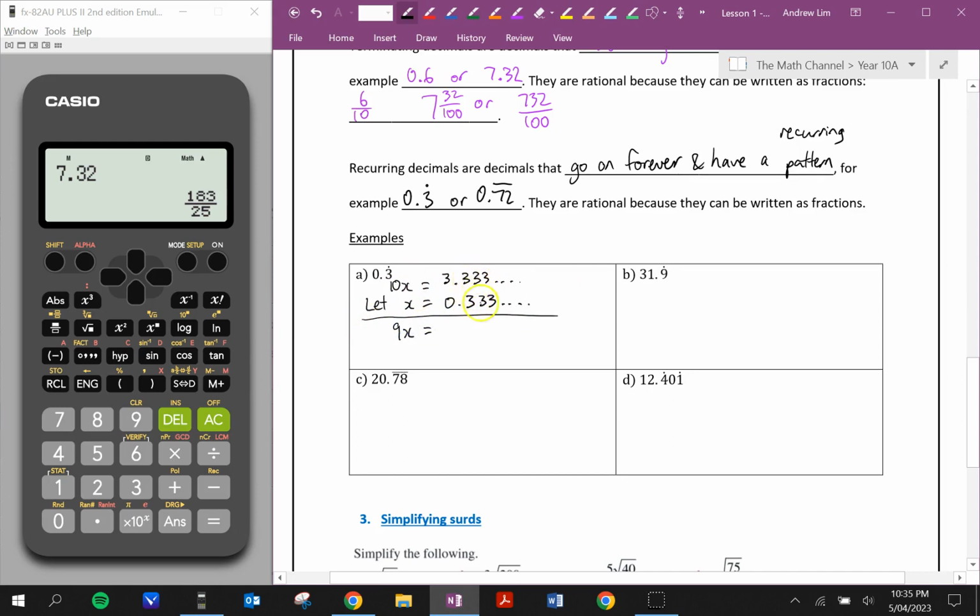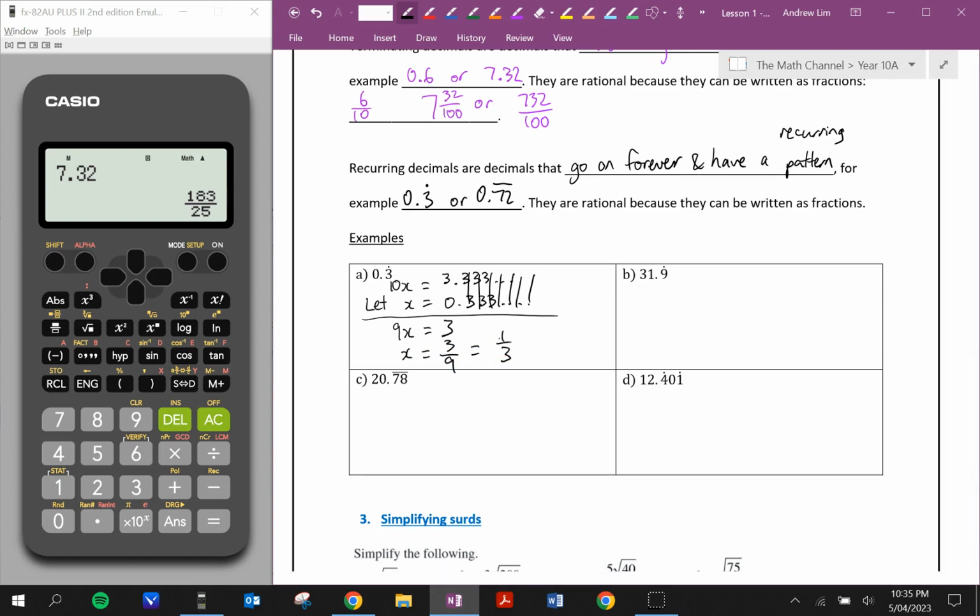Can you see how all these 3's line up? So when we subtract them, they're all going to cancel each other out, leaving me with 3 minus 0, which is just 3. So x is technically 3 on 9, or 1/3. Okay, so 0.33333 forever is equal to 1/3.